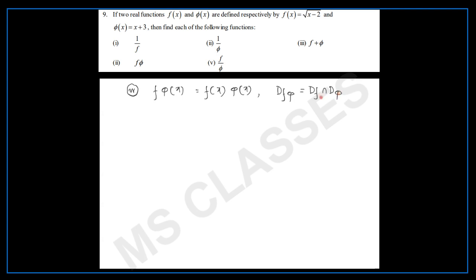Now the domain of f we have already got, the domain of phi also we have got, and their intersection part also we have got, which is 2 to infinity. Now here we just need to define the function, which will be root over of x minus 2 into x plus 3. It can be represented like this also.